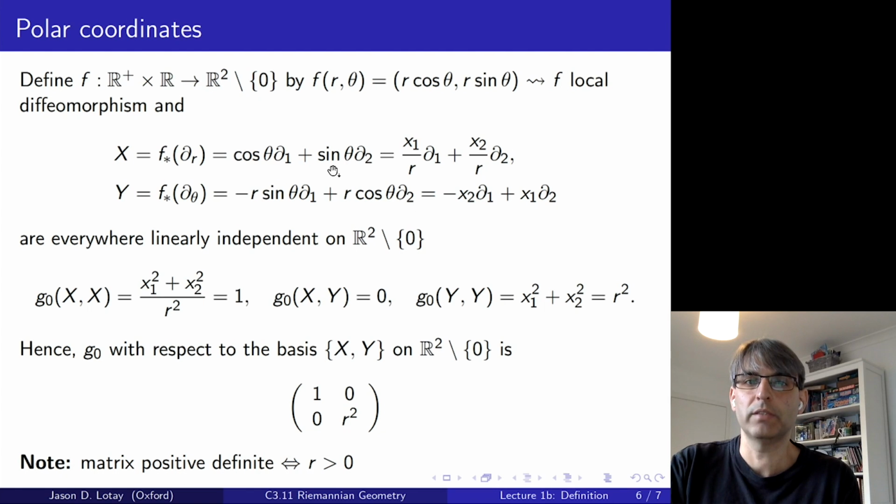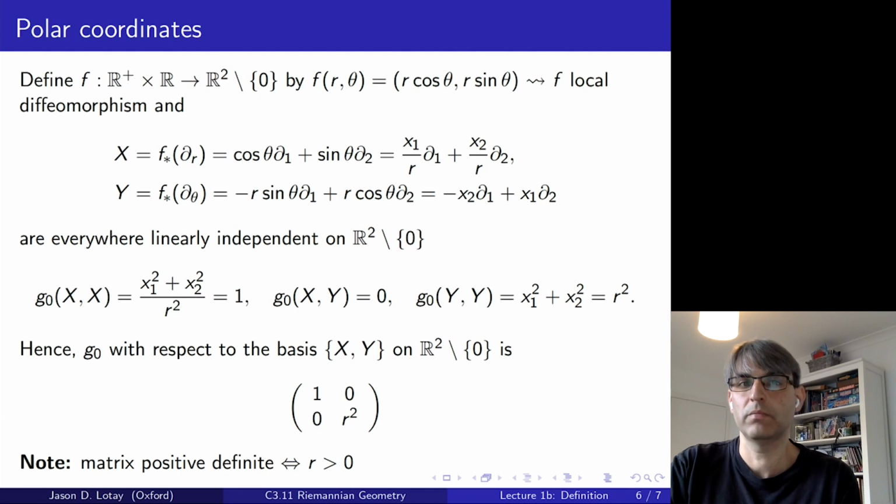Now, if we want to be clever, we can say, well, actually, what is cos theta? That's just the first coordinate x1 divided by r, plus the second coordinate x2 divided by r in the partial 2 direction. And we can do a similar trick here. And what we notice is that these two vector fields are the push forwards of a basis for the vector fields here. They're independent on R^+ and R, so they're independent everywhere on R^2 minus the origin.